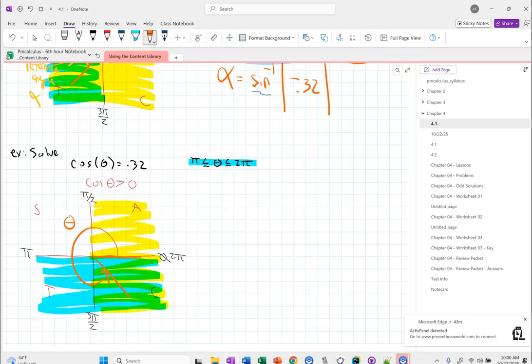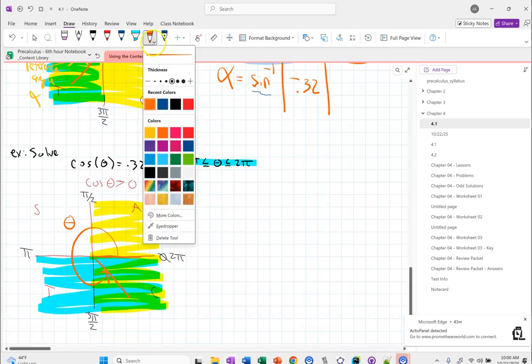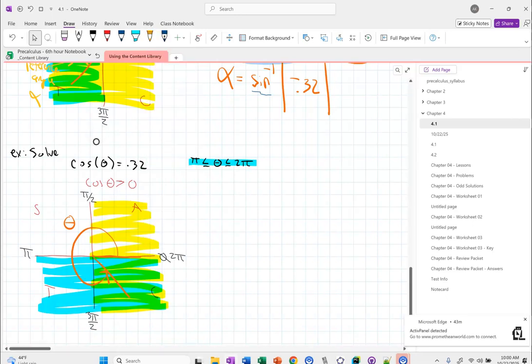So, where is my reference angle going to be? Where is the reference angle here? It's always between the terminal side and the x-axis. So my reference angle is there.